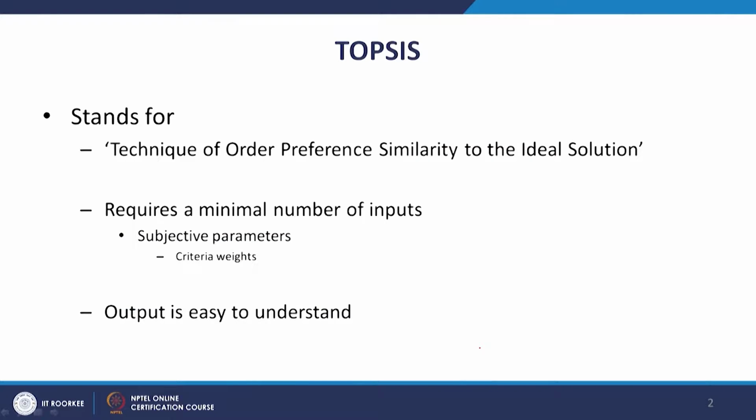If we compare it with the ELECTRE method, there, apart from the criteria weights, the decision makers were supposed to provide their inputs for different threshold parameters. So, compared with the complexity of ELECTRE, TOPSIS is quite a simple, straightforward technique, which we will understand in more detail in this lecture. The output is easy to understand.